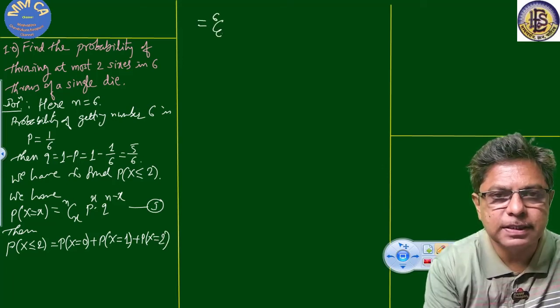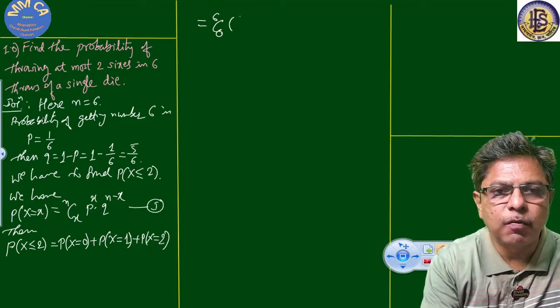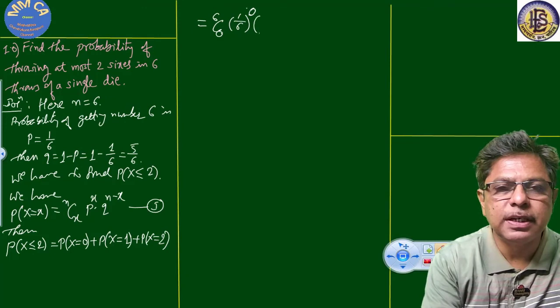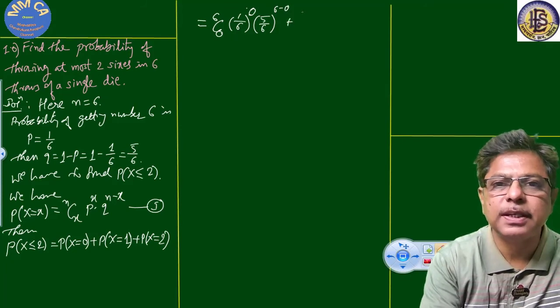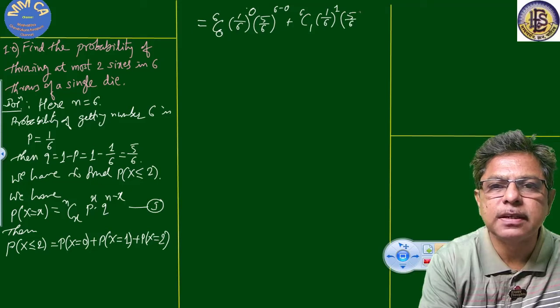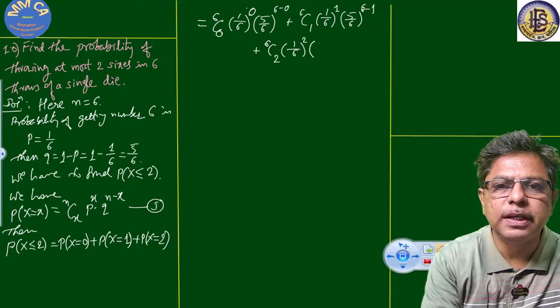So 6C0 for probability of X is equal to 0. 6C0, p is 1 by 6 raised to x is 0 here, into (5/6) raised to 6 minus 0, plus 6C1, this is (1/6) raised to 1 into (5/6) raised to 6 minus 1, plus 6C2 (1/6) raised to 2 into (5/6) raised to 6 minus 2.